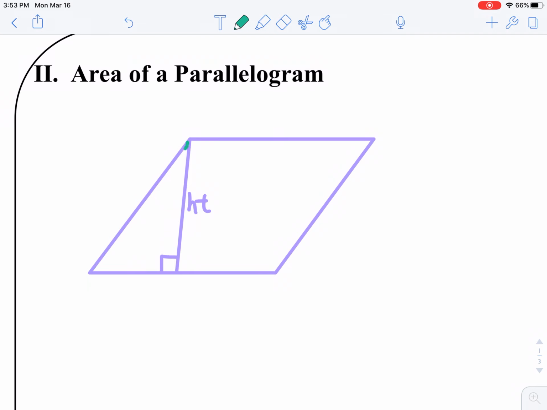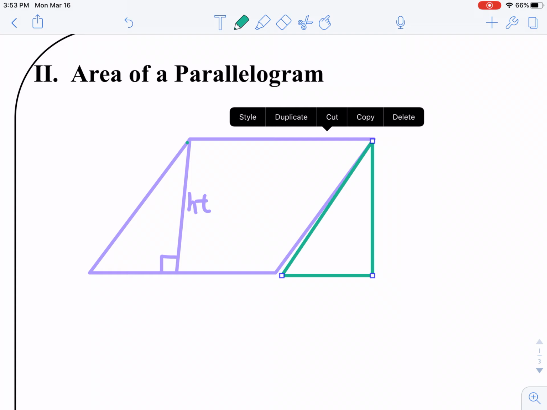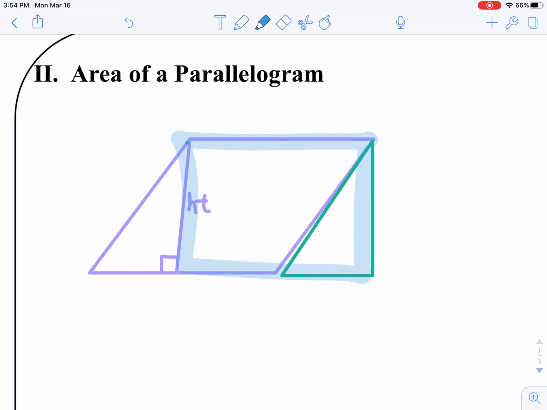And if I did that, and I could move that, it would create the rest of my parallelogram. It would basically move that triangle over to the other side and make a rectangle.